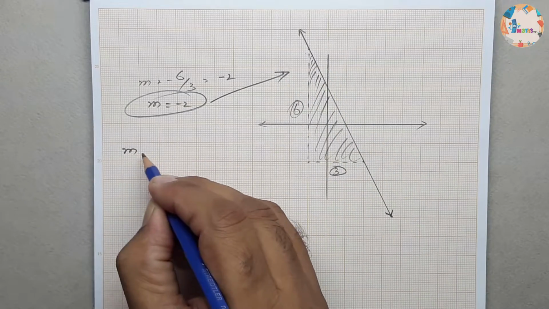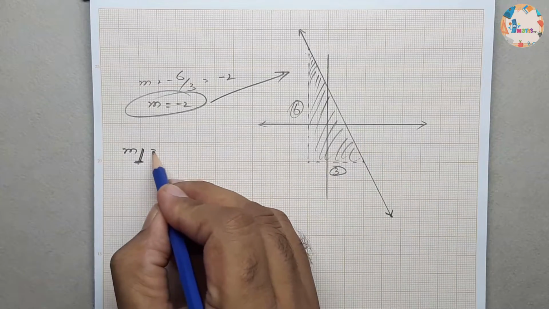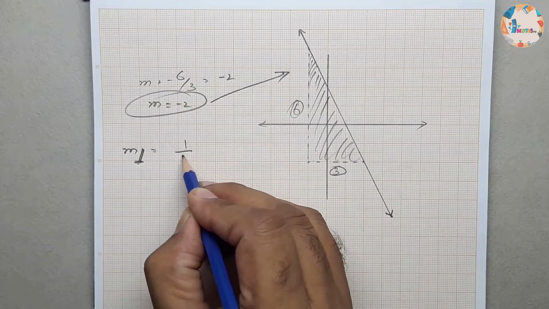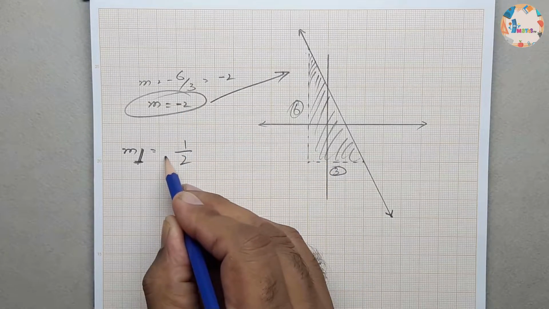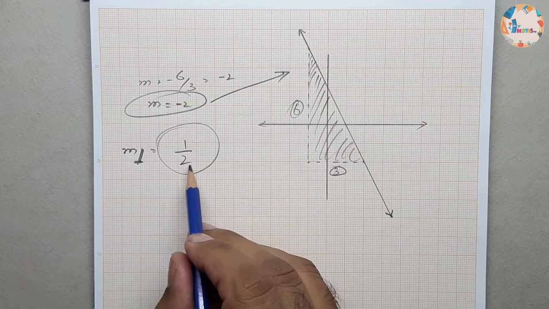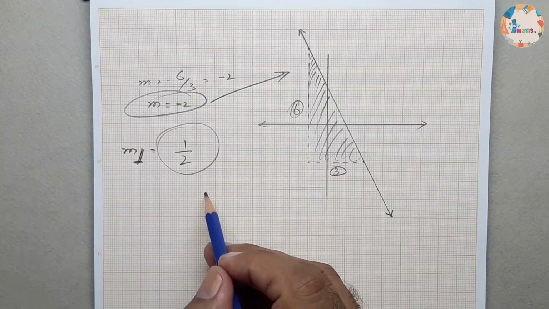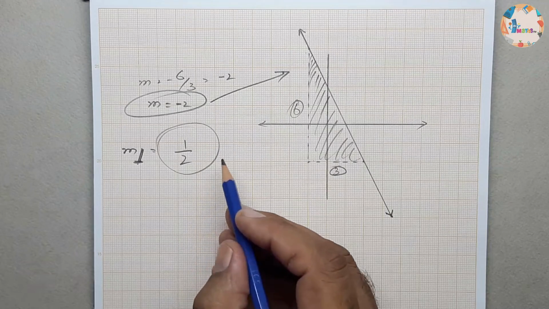So the slope of a line perpendicular to this will be the reciprocal, which is 1 by 2, and change sign. So instead of minus, we'll take plus. So our target slope will be 1 by 2.